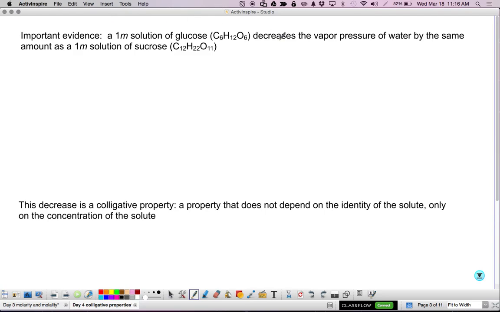So that to me says that the identity of the solute doesn't really matter. We decrease the vapor pressure by the same amount, and it's only based on the concentration. This is an example of a colligative property, a property that does not depend on the identity of the solute, only on the concentration of the solute.